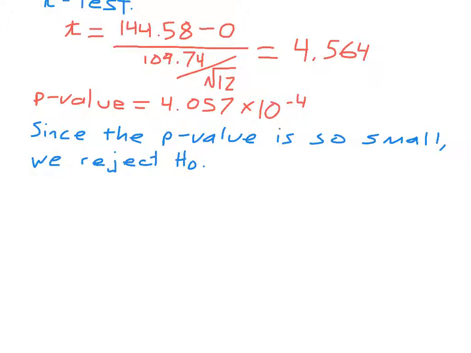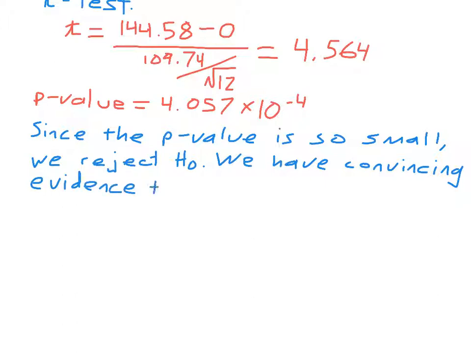And whenever you reject, you do have evidence. Alright, so your last sentence always needs to talk about HA in context. HA was that mu D was greater than 0, which means memory improved. So we have convincing evidence that playing chess improves memory.